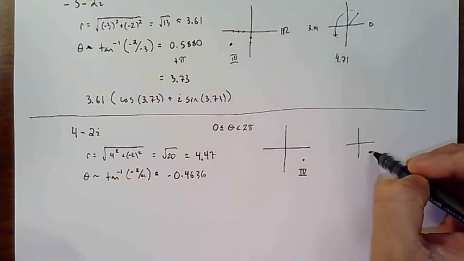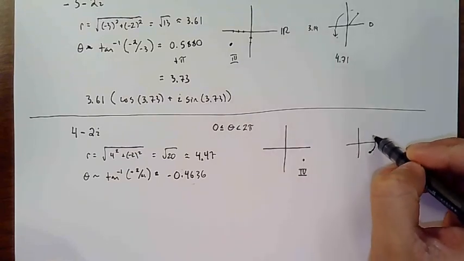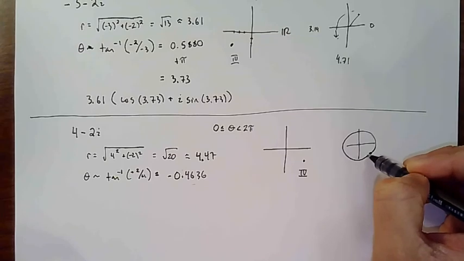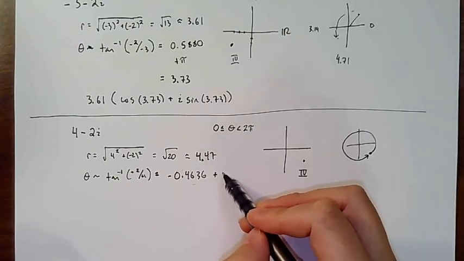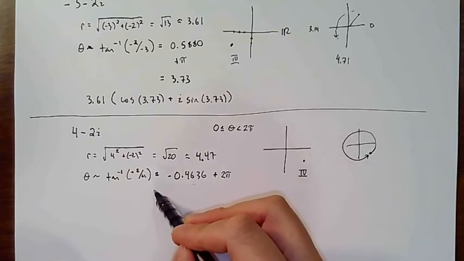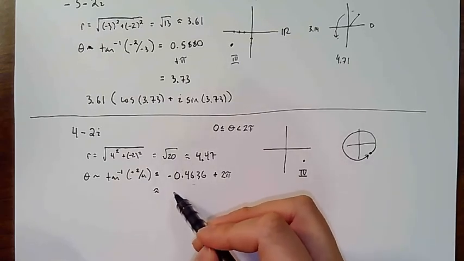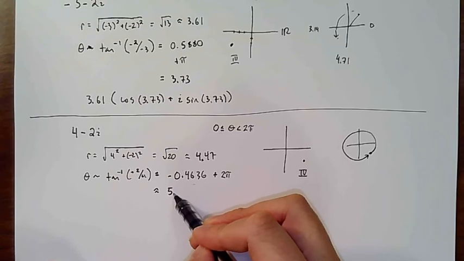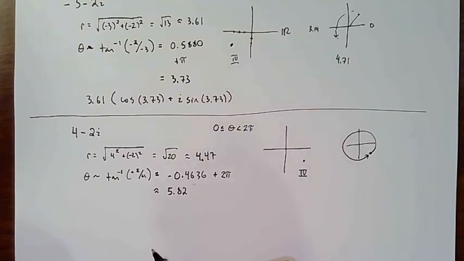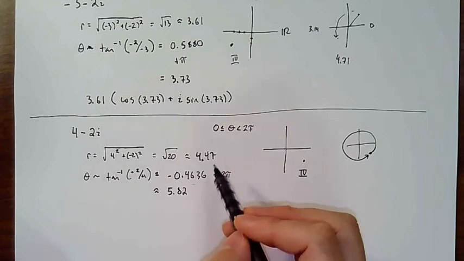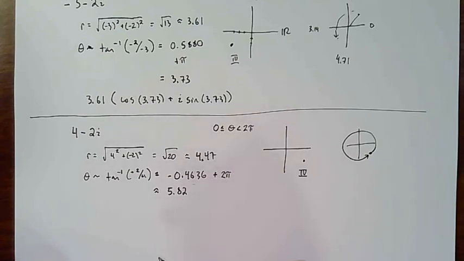So we need to find an angle that's coterminal, or we're going to add 2 pi to spin it back around to itself. So we're going to add 2 pi. And after we add 2 pi and round, we get about 5.82. And we can write our number in trigonometric form now using this r and this new appropriate theta.